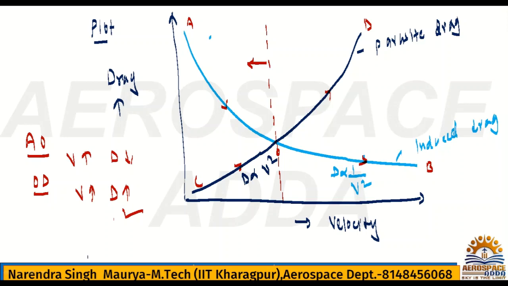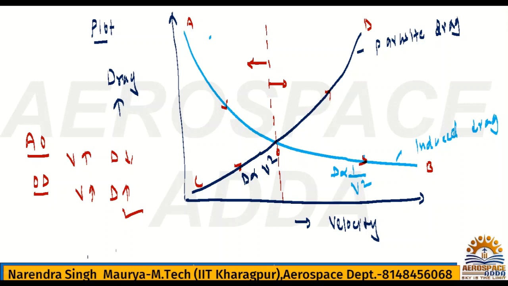So for that reason, you got two regions. One is AO, another is OD. AO is called the region of velocity instability, and the OD region is called the region of velocity stability.